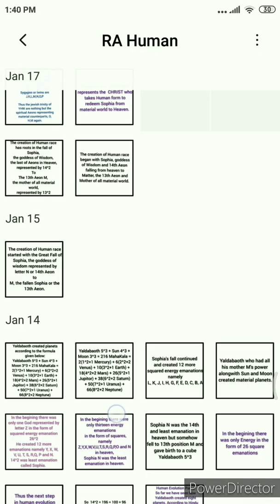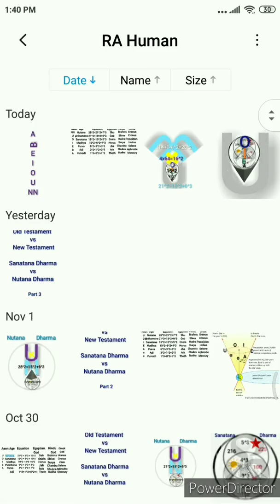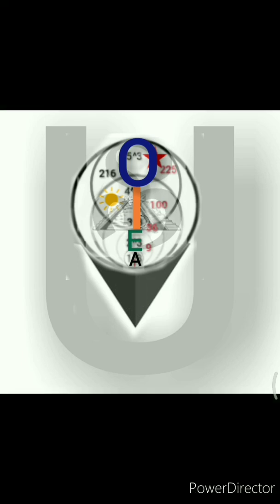So this 6 cube guy can control only up to Neptune, in the sense the 13, only 13. Neptune is nothing but the 13th loka. Tapaloka is the 13th loka.